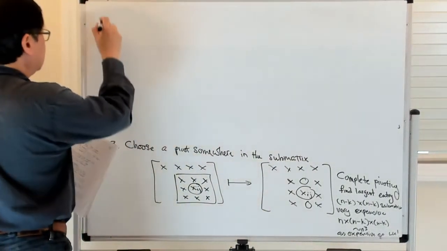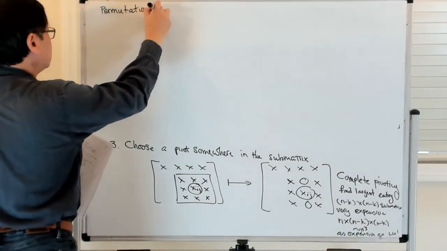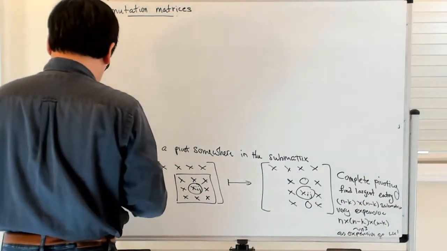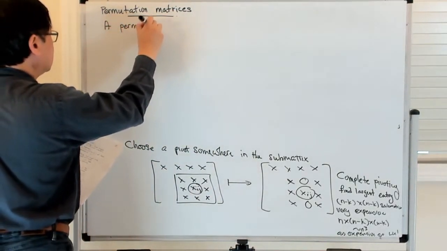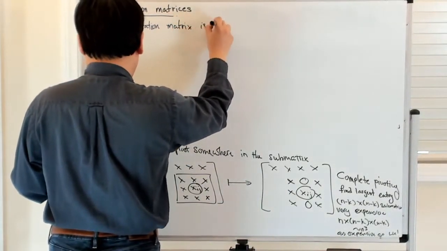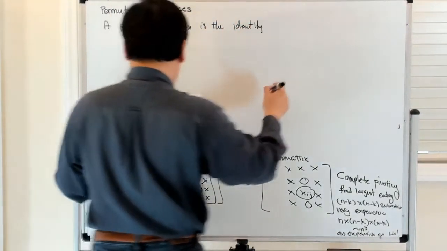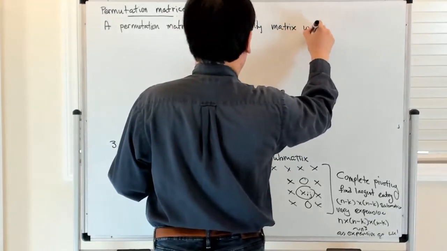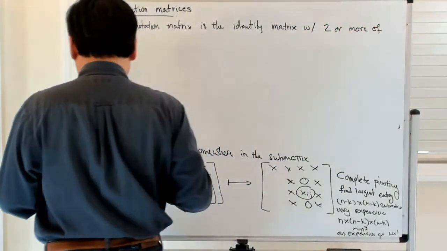These are called permutation matrices. A permutation matrix is the identity matrix with two or more of the rows or columns interchanged.